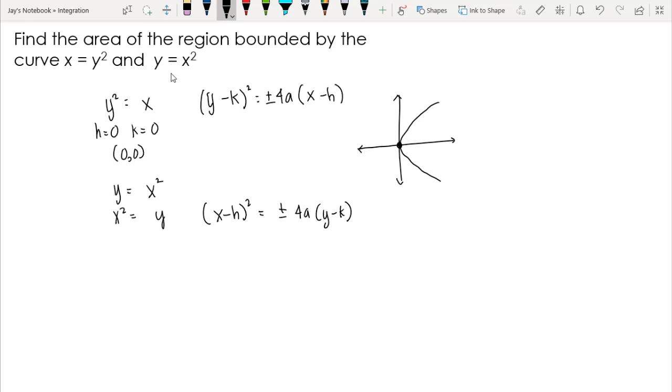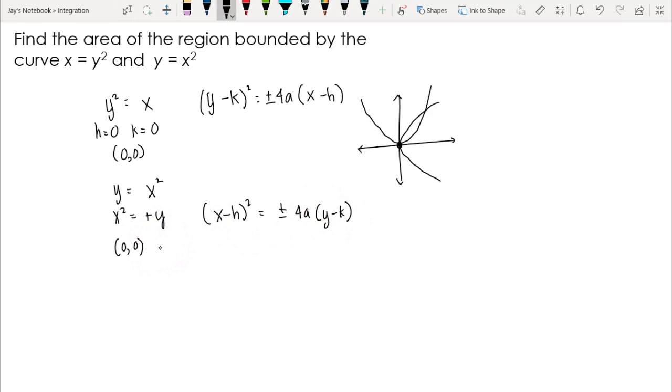If we plot this general form of the equation of the parabola, we are certain that this is concave upward or downward, since we have our x being raised to the 2. So we are sure that this one is opening upward since this is positive, and the vertex is at the origin since h and k are equal to 0, that is 0, 0.